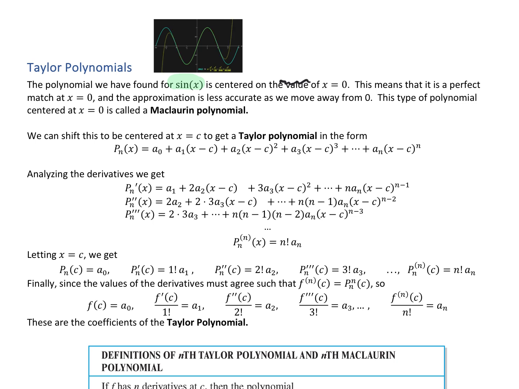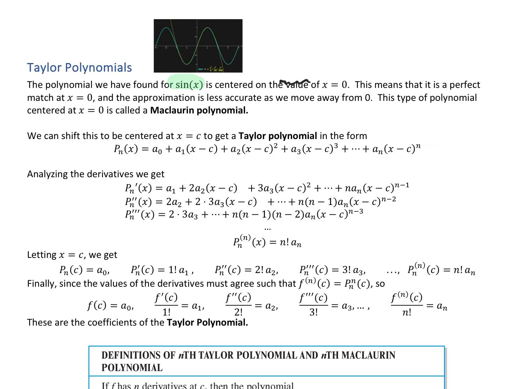So what's going on here? Well, by analyzing this function, if we take the derivative, so this, by the way, is called an nth degree Taylor polynomial. It's nth degree because we're going to go to the nth degree and stop. So notice it doesn't keep going forever. We'll take as many derivatives as we want until we get tired, and then we'll stop.